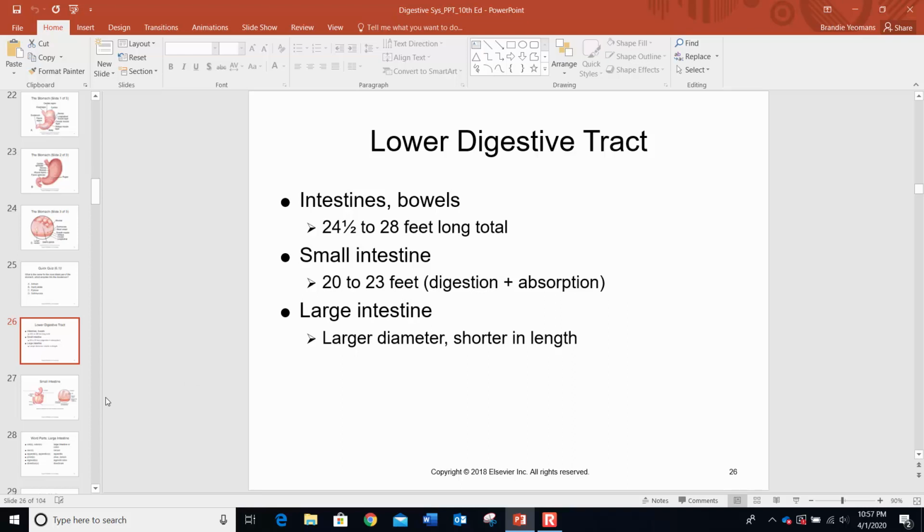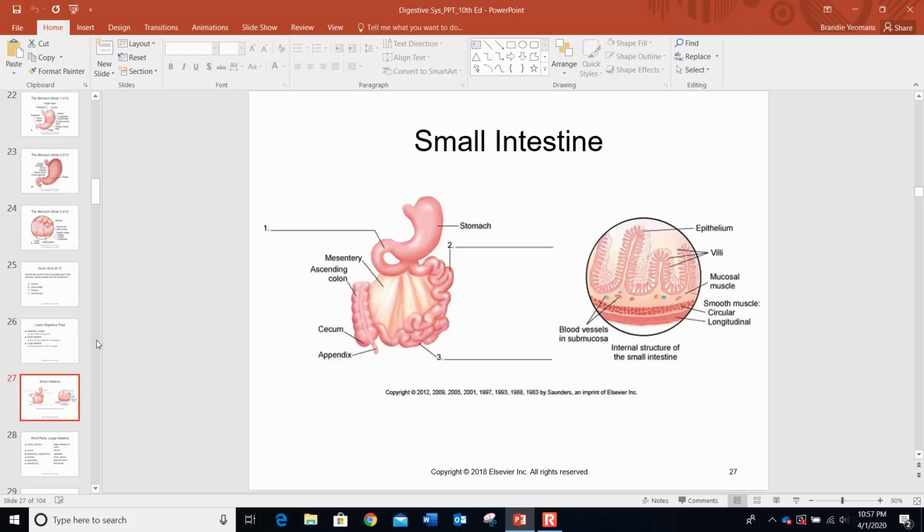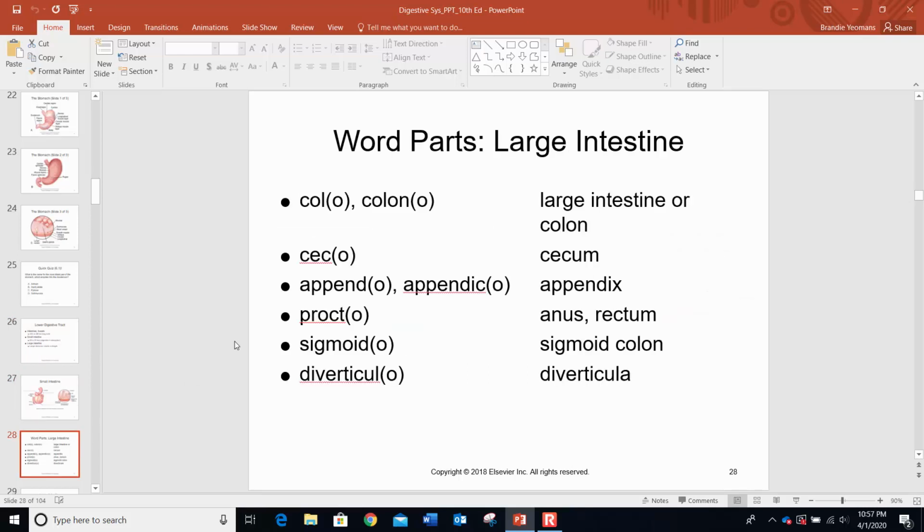Okay, so we are going to look at some of these combining forms that you probably see some that are already very familiar, especially this one here that says appendo or appendico. That's talking about the appendix. Remember I said there's a vermiform appendix, that little hanging down thing at the beginning of the large intestine.